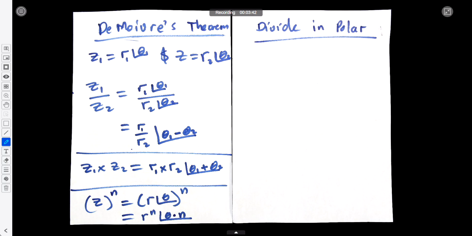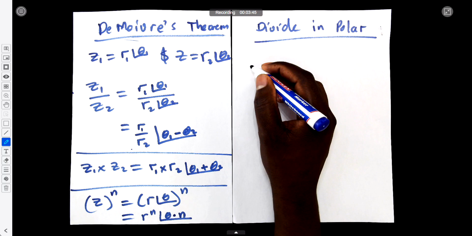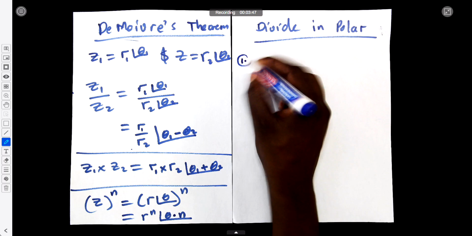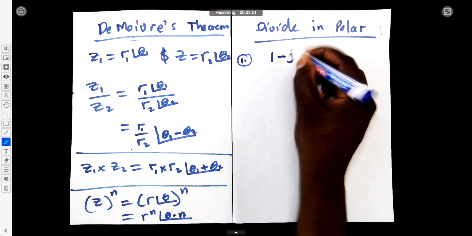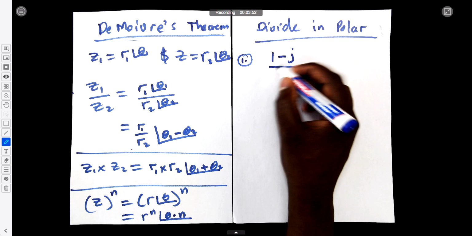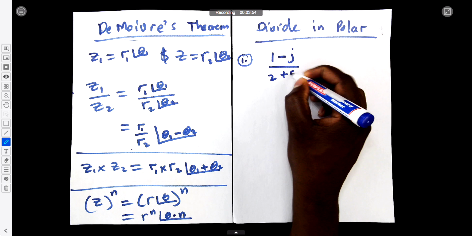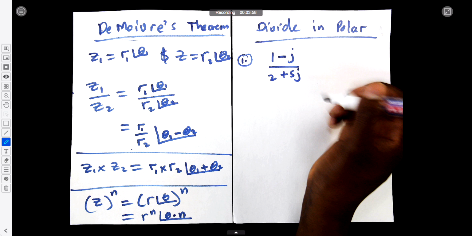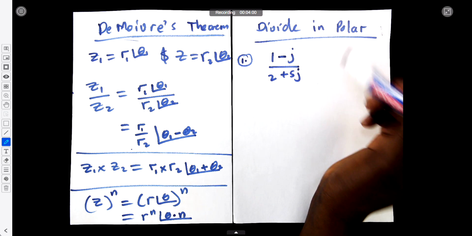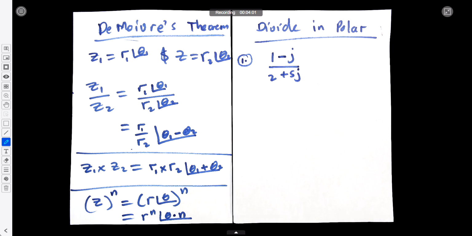I want to choose an example. Let me just use this and say it's number 1. Let's say we have 1 minus j all divided by 2 plus 5j. And then it says divide in polar form, and the final answer leave it in rectangular form.